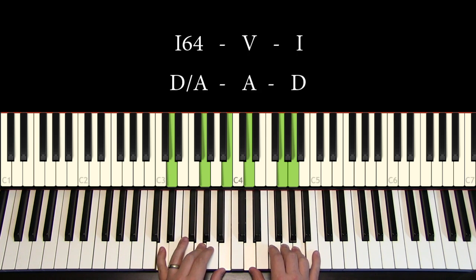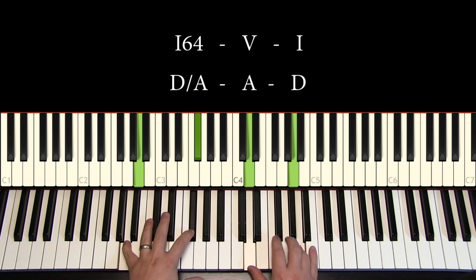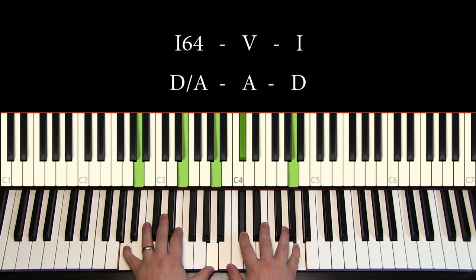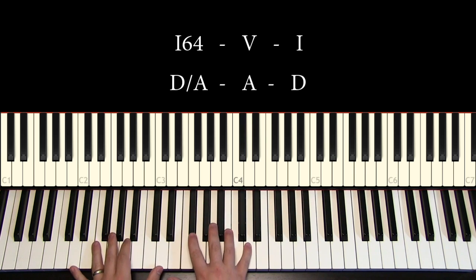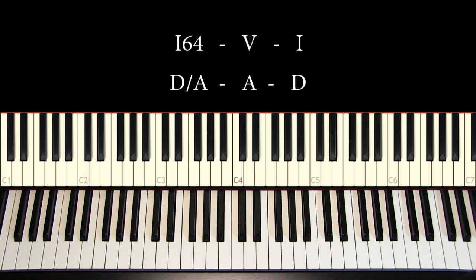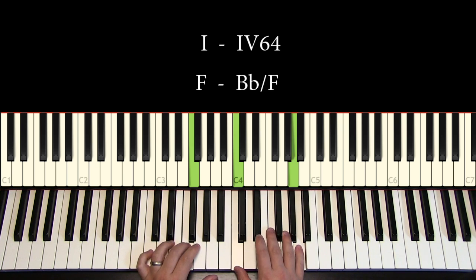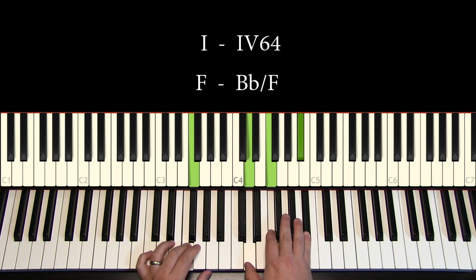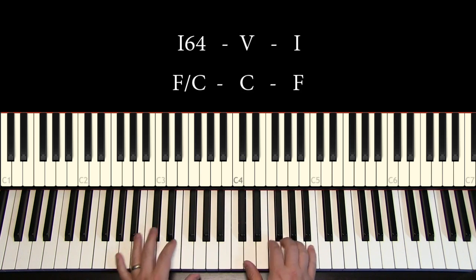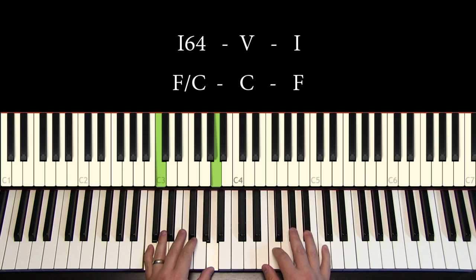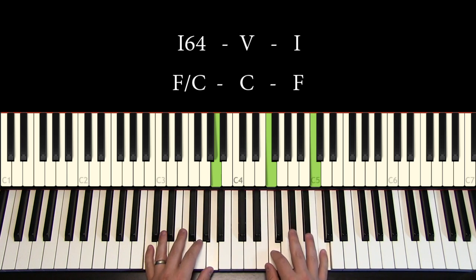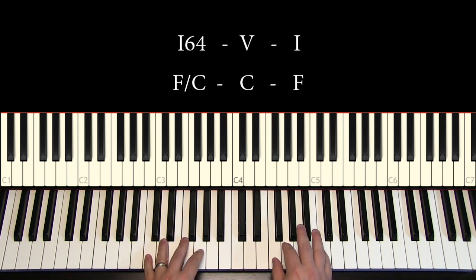Now here's the 1, 6, 4, 5, 1 in the key of D. Here's the key of F. Here's the 1, 6, 4, 5, 1 in the key of F. And I'll play a 5 sus.